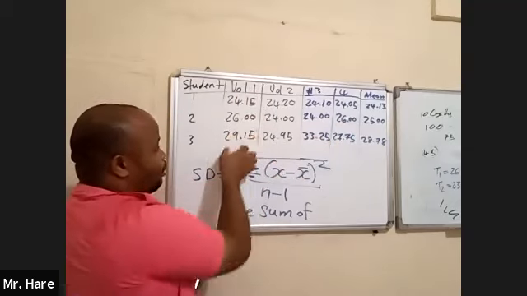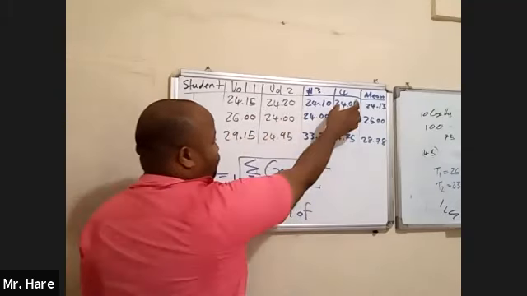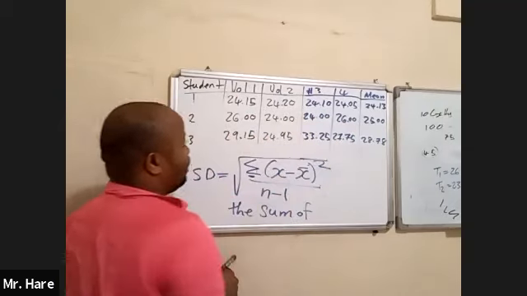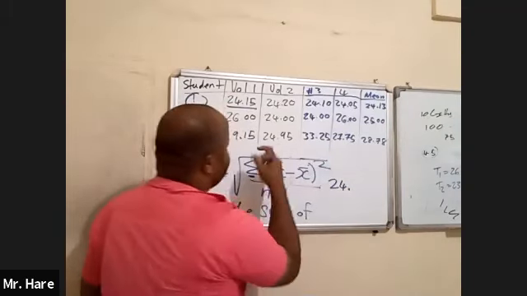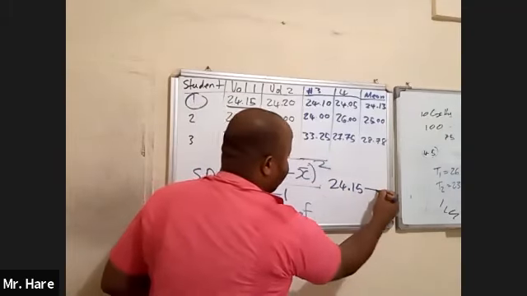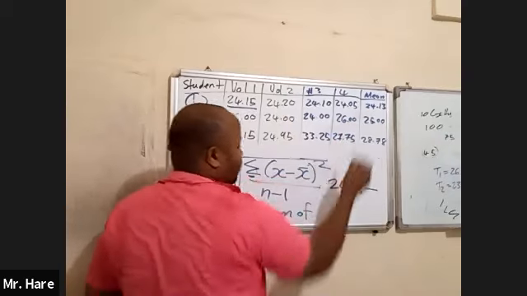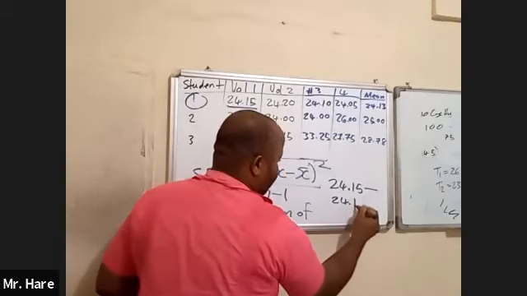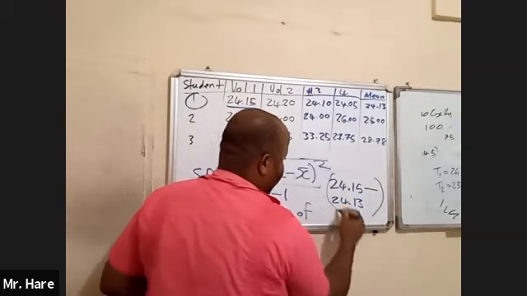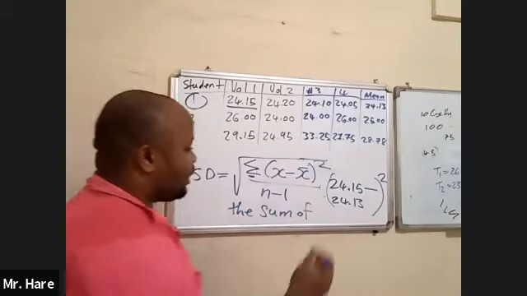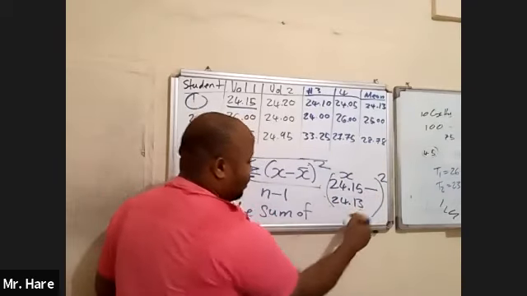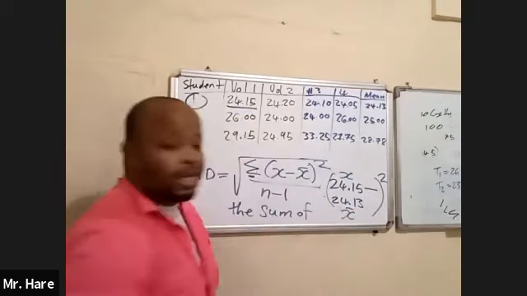So this is experiment 1, 2, 3, 4. So student 1, experiment 1: it's 24.15 minus the mean, which is 24.13. When you get the answer, you're going to square it. So this is x minus the mean, which is x bar.